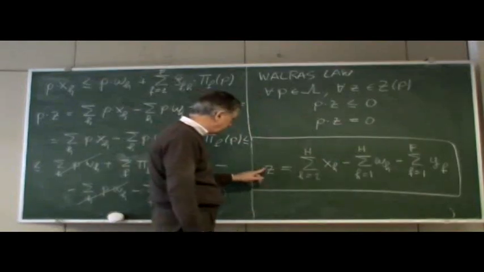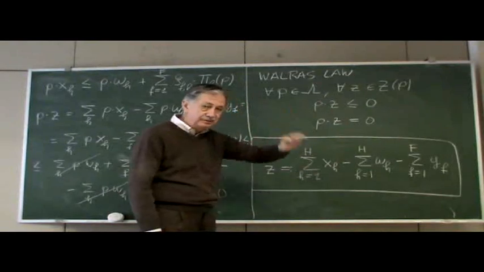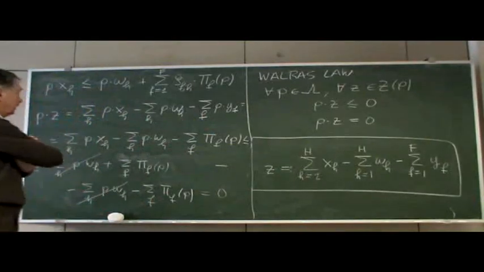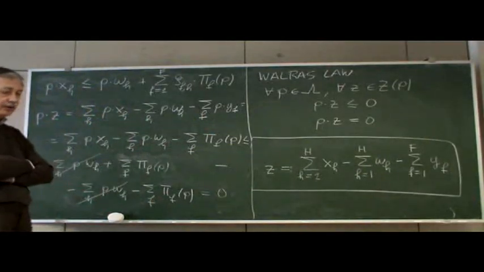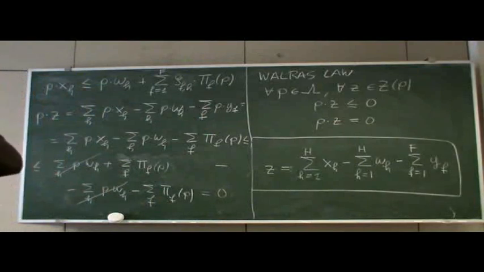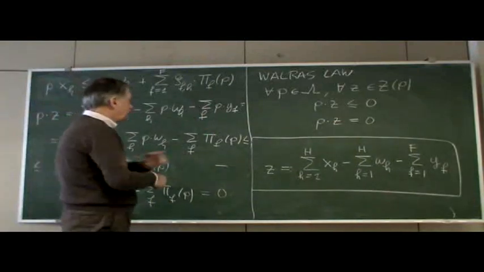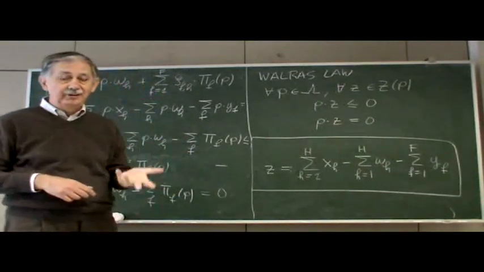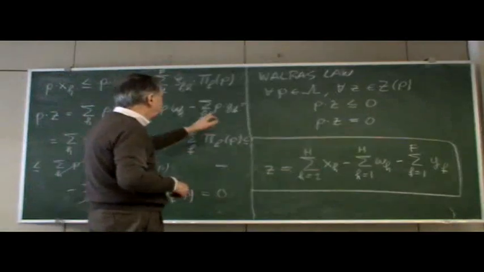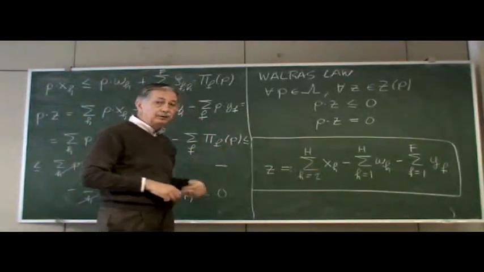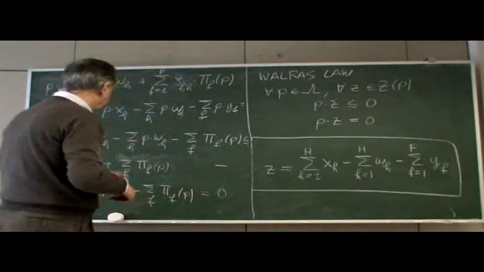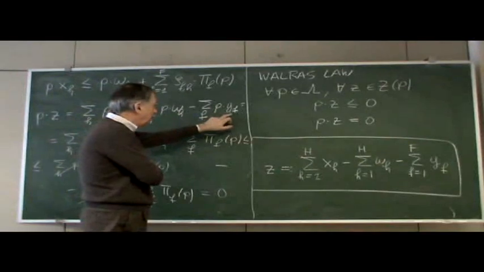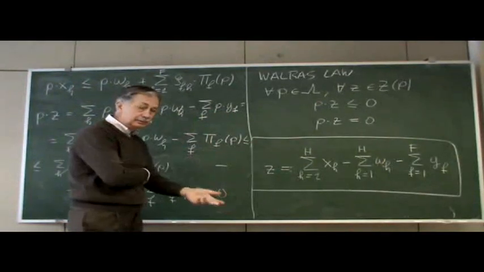You obtain P times Z equal to P times this vector. In other terms, this equality. This is simply an algebraic step. But remember that each process YF is an optimal process for the F firm. And so its value must be equal to the profit of the same firm. So you can substitute to every P times YF, pi F of P.